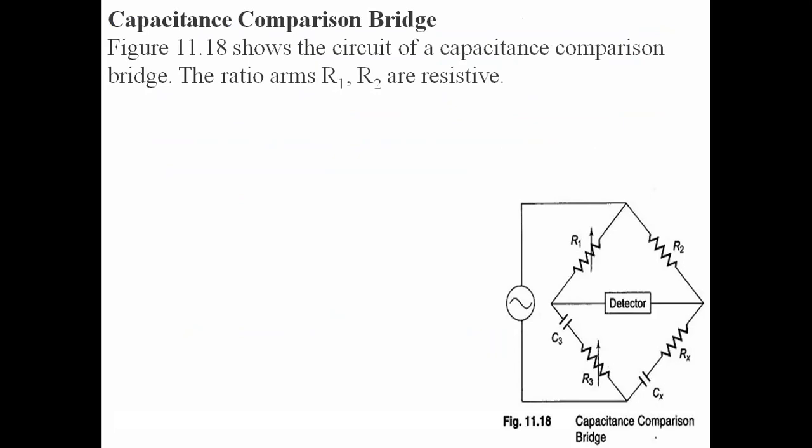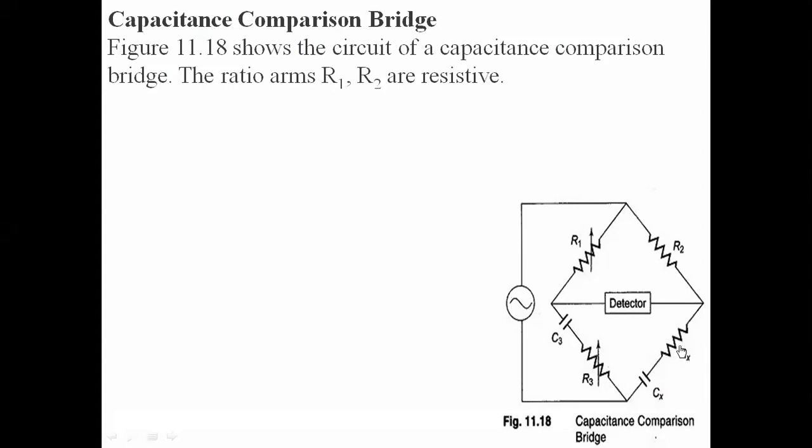If you observe, here Rx and Cx: Cx is the capacitance value, and Rx is the resistance associated with the unknown capacitance, represented as Rx in series with Cx. So this is the unknown capacitance and unknown resistance.